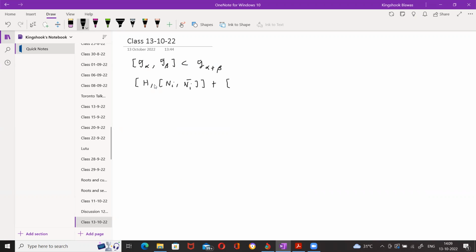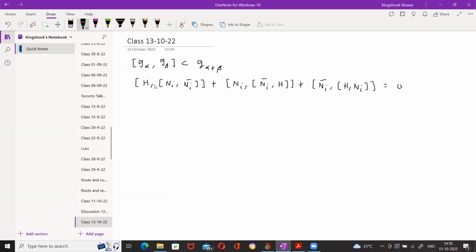When I cyclically permute these three, A, B, C, the next will be B, C, A. So B is ni, bracket with the bracket of ni bar and H, plus the next term, ni bar bracket with the bracket of H and ni. This is equal to 0.